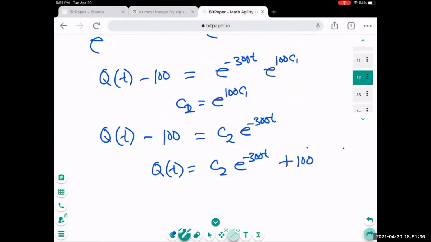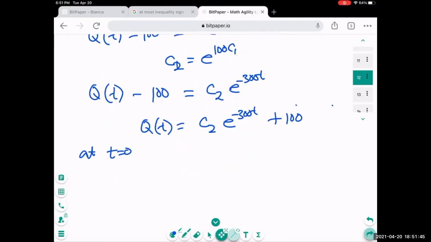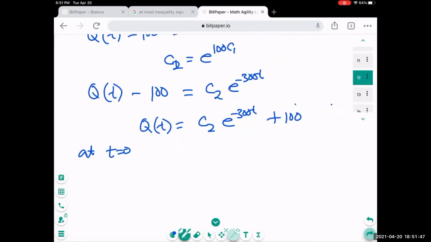Okay, since we have an initial condition at t equals 0, Q initial, the weight of the salt is 1 pound, right? Yes. So 1 pound. So that's Q equals 1.